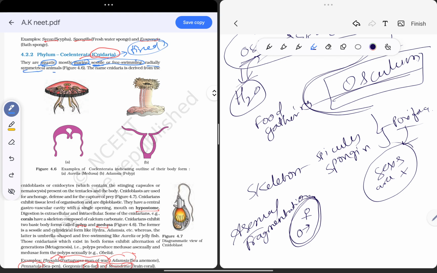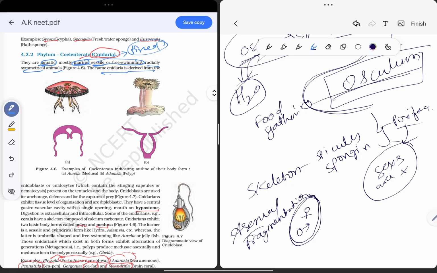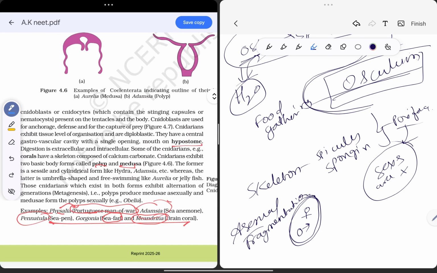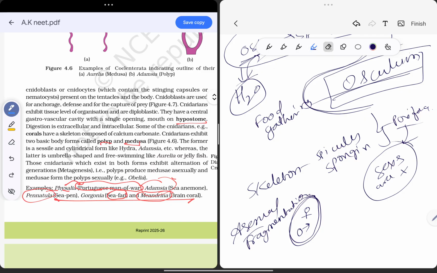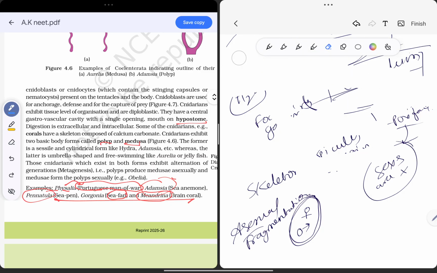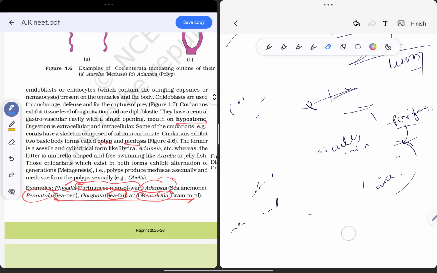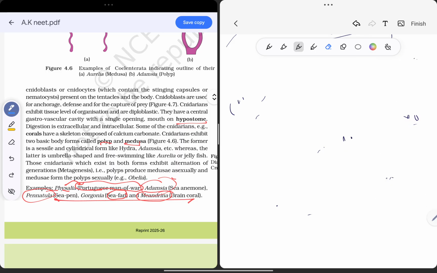They are radially symmetrical animals and the name Cnidaria is derived from cnidoblasts. Why is it called Cnidaria? It's because cnidoblasts or cnidocytes contain a stinging capsule, also called nematocytes. They are present as tentacles on the body.